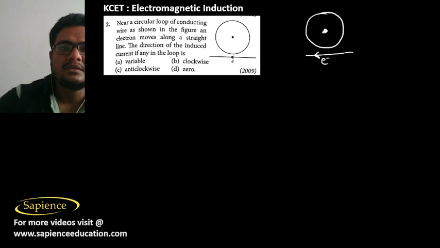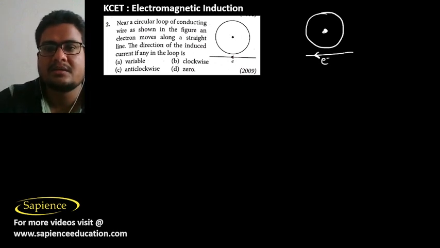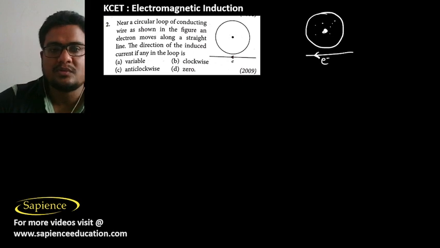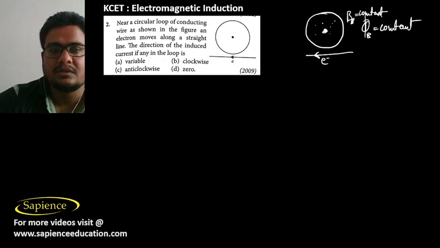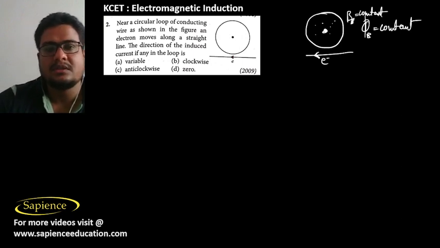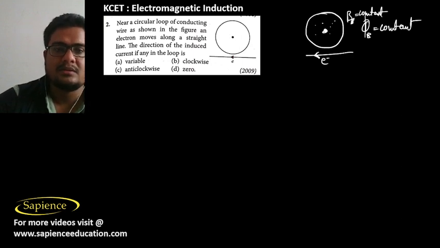So here it means the magnetic field will remain constant. It will not increase or decrease with time through this loop. Since the magnetic field through the loop is constant, the magnetic flux through that loop will also be constant. That means there is no induced EMF in that loop, so there is no induced current in the loop.